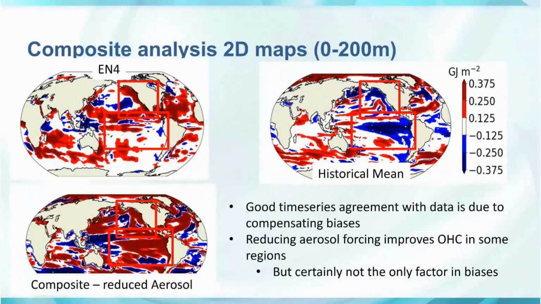So what this means is that reducing aerosol forcing does improve the heat content, but it's certainly not the only factor, because there are a number of other biases relative to the data that remain or are exacerbated when you change the aerosol forcing. A similar pattern emerges when you go to 0 to 700.